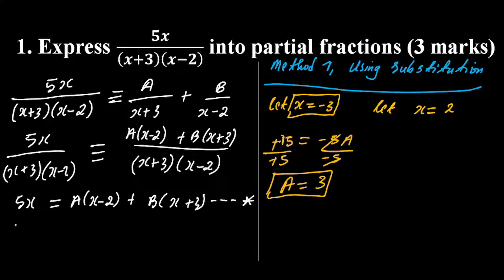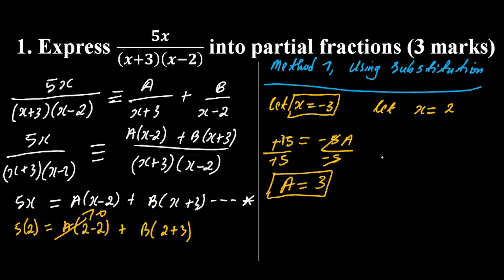Therefore, I'm going to have 5 into 2 to be equal to a into 2 minus 2 plus b into 2 plus 3. Here, clearly you see that when we substitute, this is going to give us 0. So we're left with 10 to be equal to 5b. Dividing all through by 5, 5 is going to cancel. Our b is going to be 2.